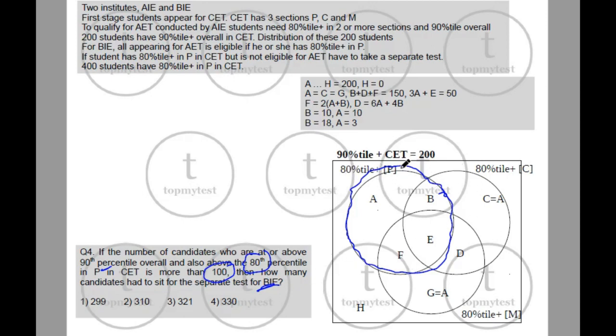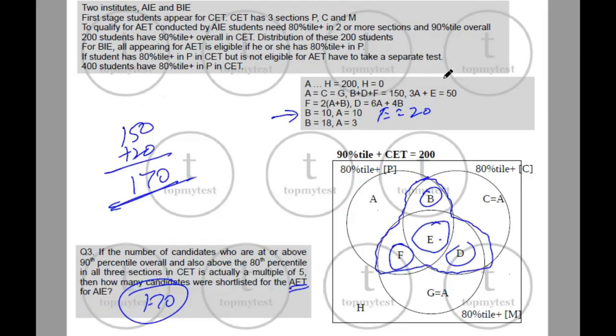Now this number is more than 100. Let's see when this is possible. If you add this part, you will have A plus B plus E plus F. Here E was how much? E was 20.